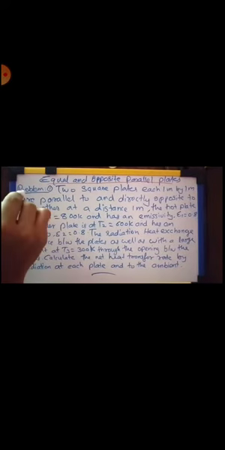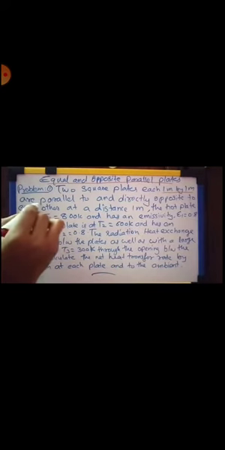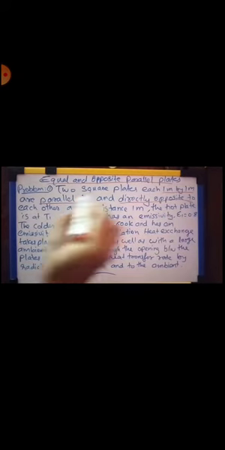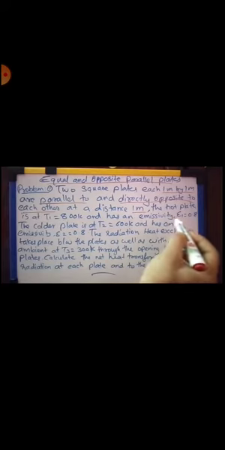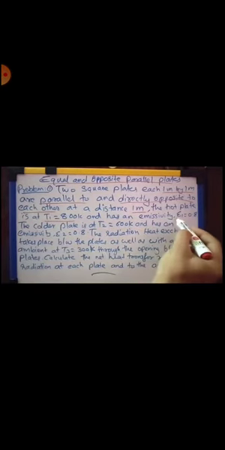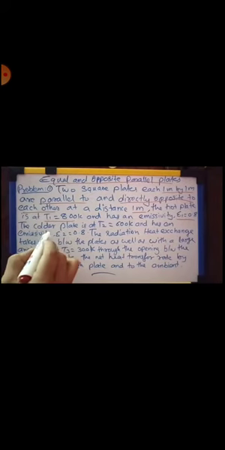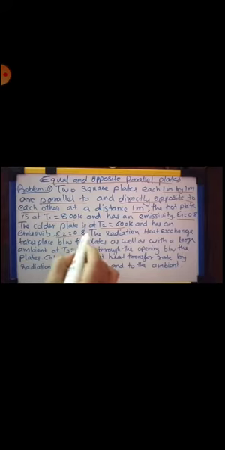This question is equal and opposite parallel plates. Its dimensions are given as 1 meter into 1 meter, parallel to and directly opposite each other, at a distance 1 meter apart. The hot plate is at temperature T1 and its emissivity is given as 0.8. The colder plate has temperature T2 600 Kelvin and its emissivity 0.8.